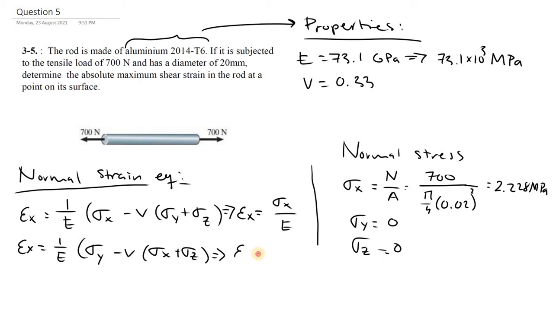Again, hopefully you can tell that this is a y, not an x, from my writing. We will find that our strain in the y direction is just our negative Poisson ratio times the normal stress in x divided by Young's modulus.